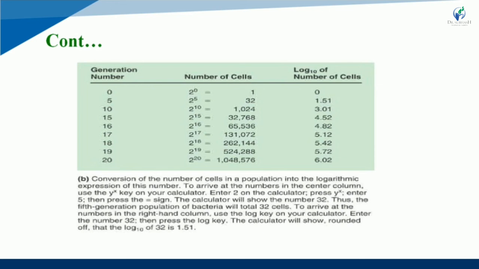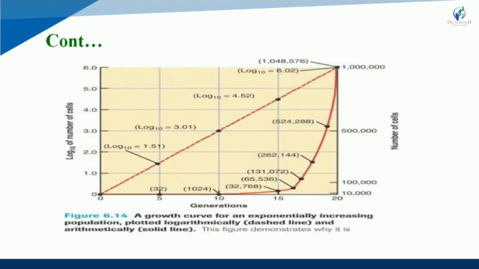The power indicates the generation time. 2 to the power of 10 is equal to 1024 and so on. On the other side is the log 10 value of the number of cells. Last one is a growth curve for an exponentially increasing population plotted logarithmically, the dashed line, and arithmetically, the solid line.